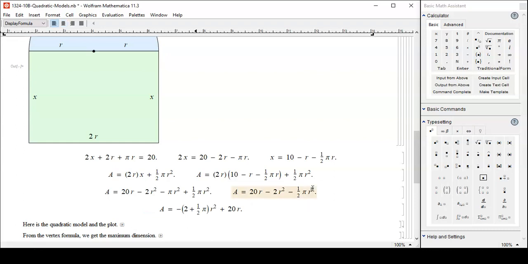Getting these two together, we get negative of 2 plus 1/2 pi r squared. So that's a value, and that's b value. So h is negative b over 2a, so that's negative of b, which is 20, and then divided by 2, and then negative of 2 plus 1/2 pi over 2.